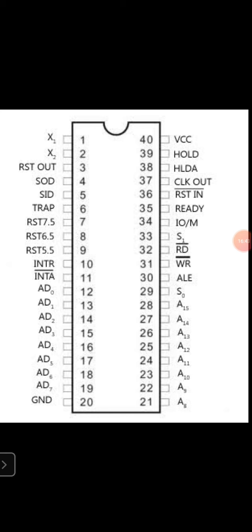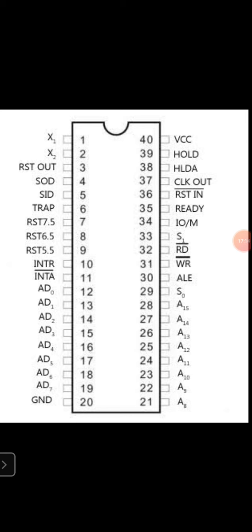We know TRAP has the highest priority. INTR has the lowest priority. Among the RSTs, the order is RST 7.5, RST 6.5, RST 5.5. The pins from 6th to 10th are all interrupts.